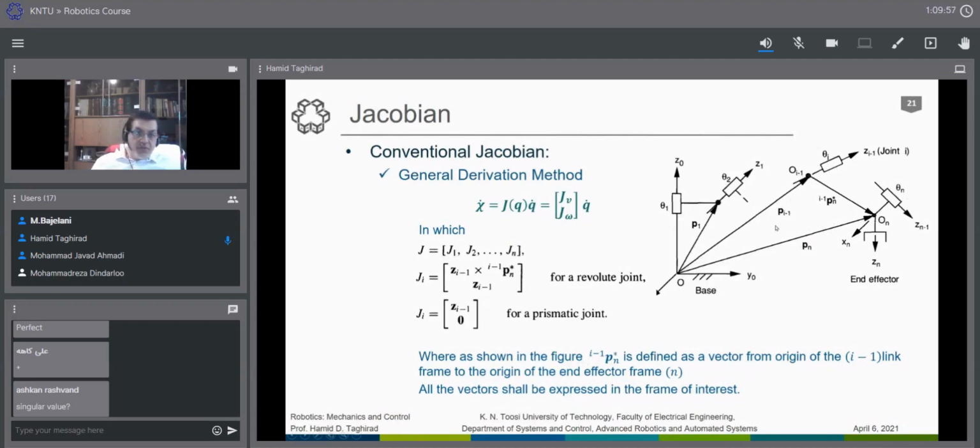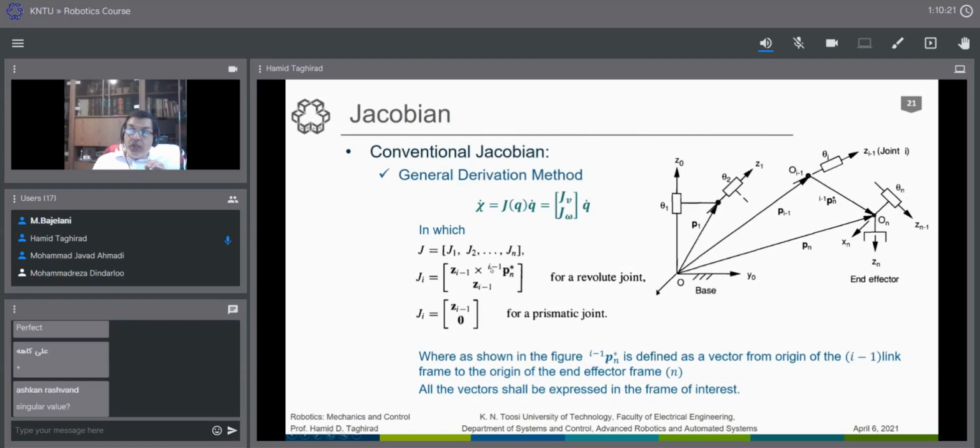This is another way to do that, which we will be discussing here. But consider that now. The important point is that the star n i minus 1 has been put here to make sure that the vector you are finding, Pn, the point n that you would like to find the velocity of, is with respect to i minus 1.